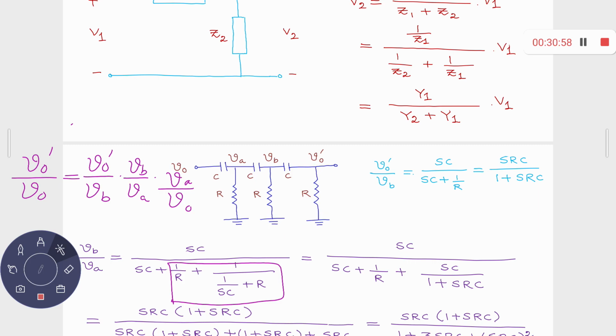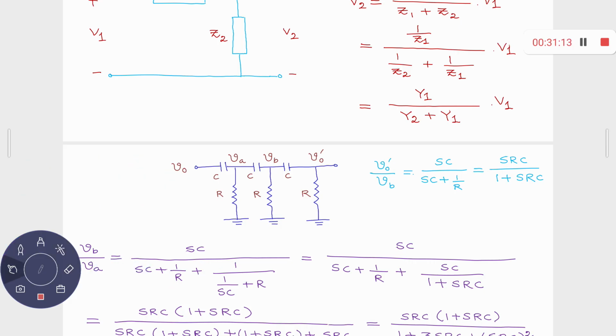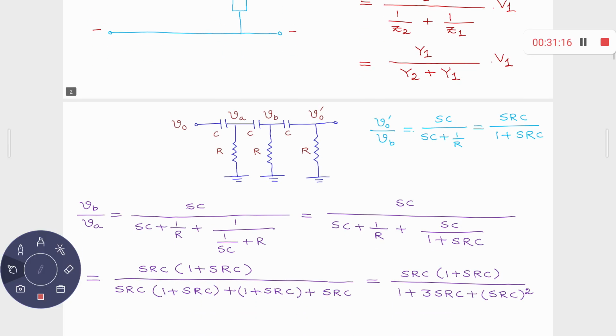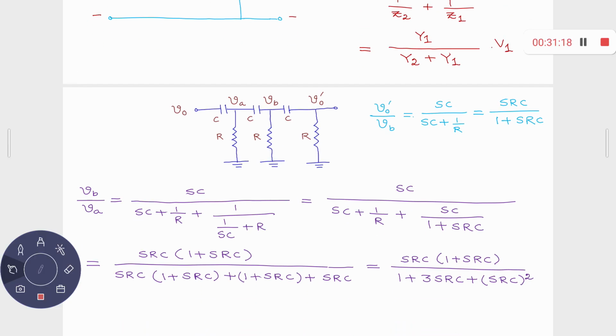This admittance plus the admittance of this will be there in the denominator, and the numerator you have the admittance of this. Okay? Then if you simply go for simplification, what you get is SRC into 1 plus SRC upon 1 plus 3 SRC plus SRC whole square. Right?